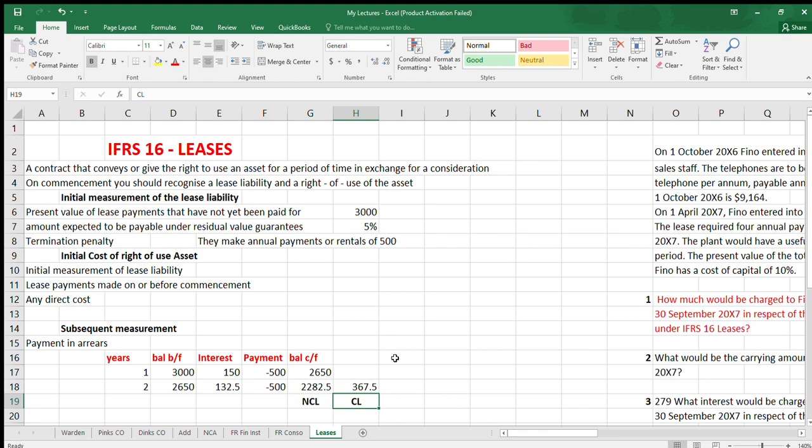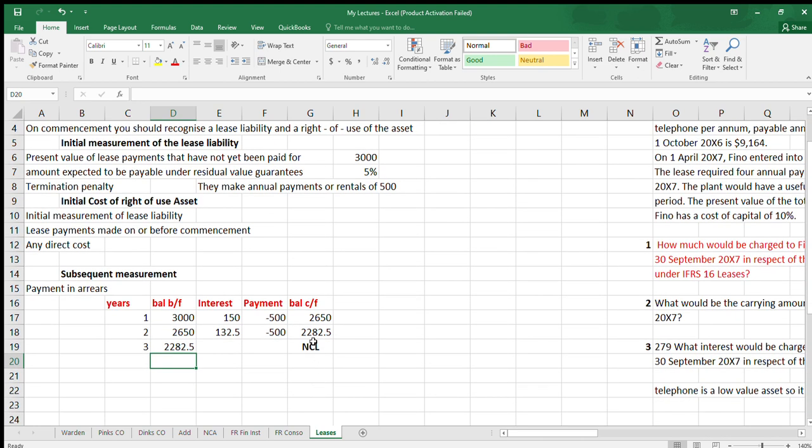The logic is that this is our non-current liability. That is the year 2 figure, because this year 2 figure is what will be carried forward to year 3 over here. This figure is what will be carried to year 3, year 4, year 5 if it is for 5 years. And it is more than 1 year, so it is a non-current liability.